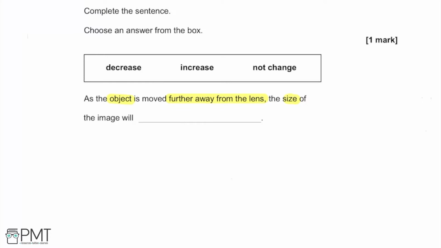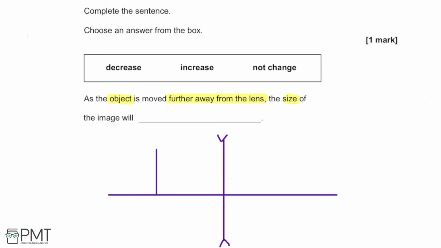So I'd probably go about this by drawing out a quick diagram, a quick sketch, and just trying to work out exactly what's going to happen. So if I draw the lens, so this is the concave lens, and then we have the axis along this point, and then I'm going to draw the object.